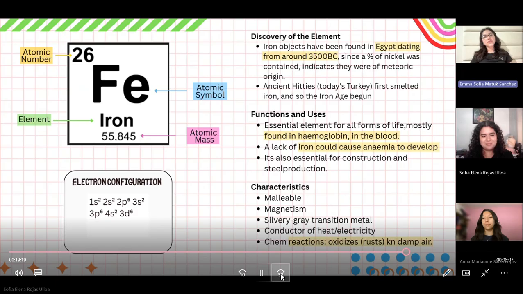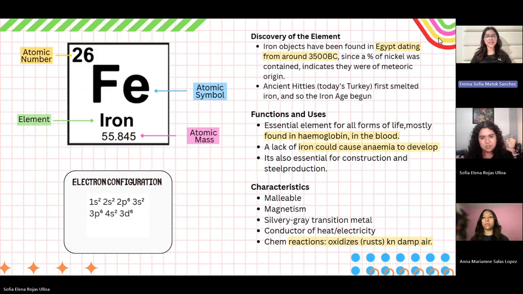The ancient Hittites, in what is today Turkey, first smelted iron, and that is how the Iron Age began. Some functions and uses of this element: it is found in hemoglobin, which is in the blood.